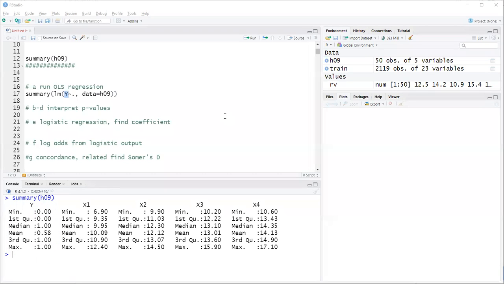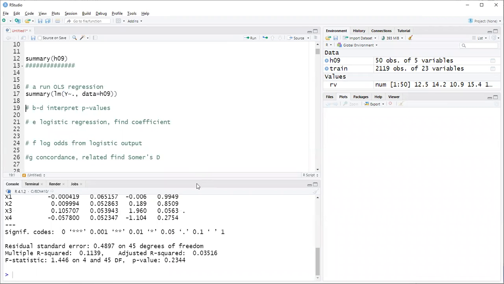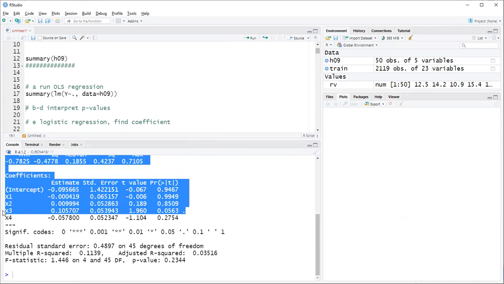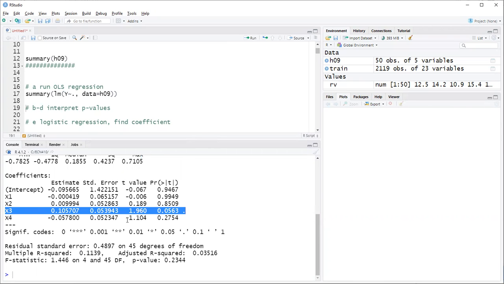So with that in mind, let's go ahead and run the regression and check what we've got. R square is not especially large at 0.11. And look for statistical significance, and I see that x3 is close, at least at the 0.05 level. So significant at the 0.1 level, not at the 0.05, but it's close.